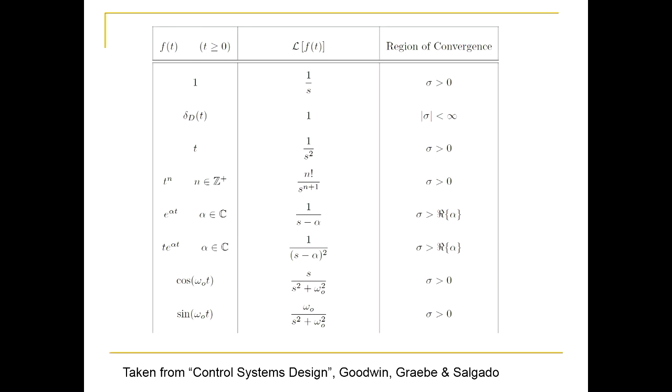The second row is the Dirac function, the impulse function. This function has infinitely short duration and infinitely large amplitude, but the area formed by this rectangle is 1, right?